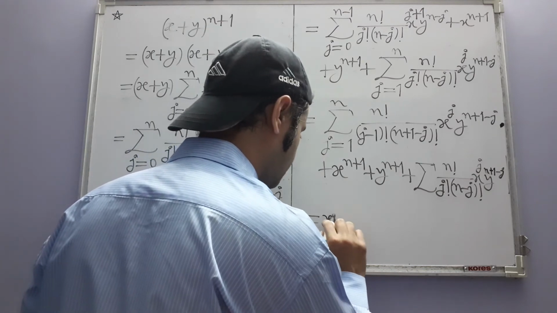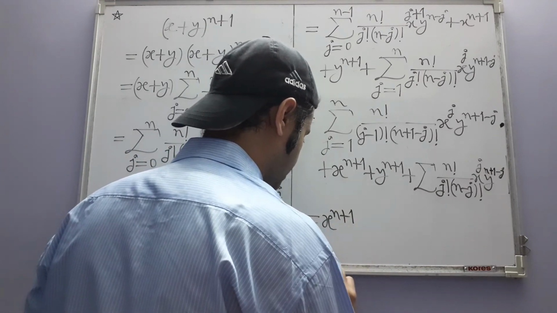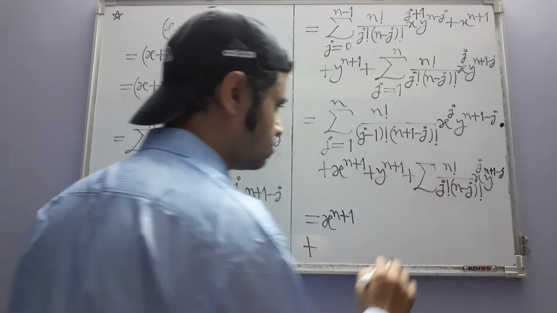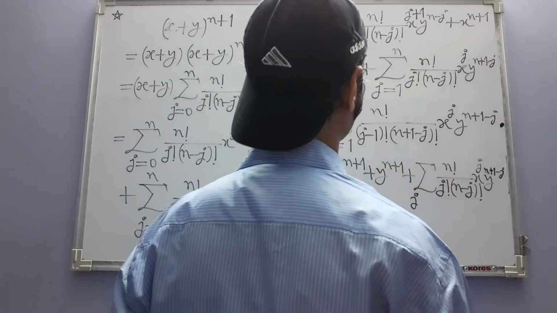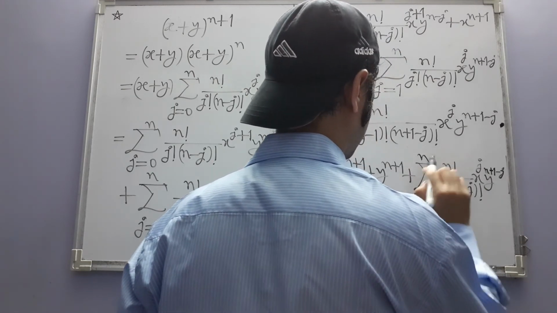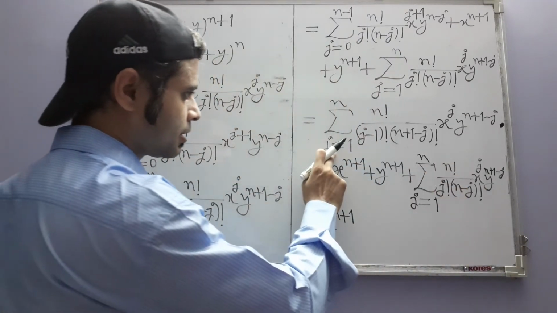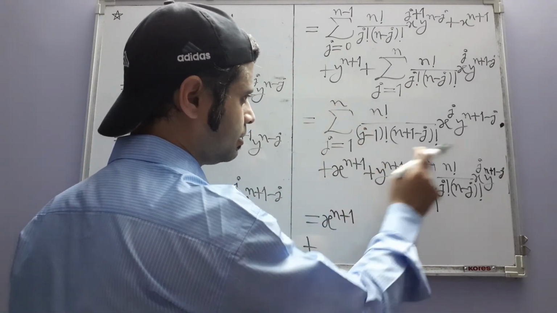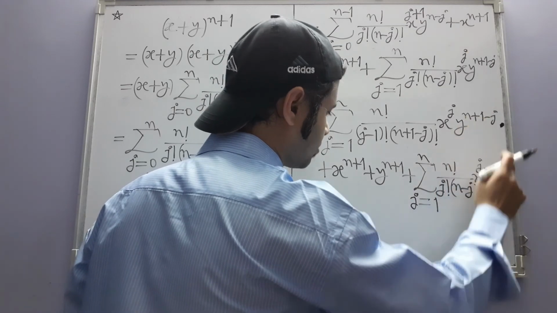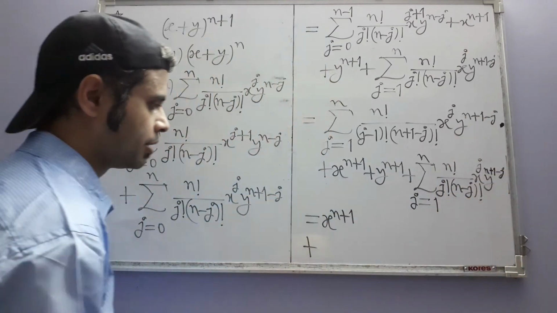Now I can write the sum of these two series. Here I have forgotten to write the limits. Now again the limits are the same, 1 to n, and here also x to the power j, y to the power n plus 1 minus j.